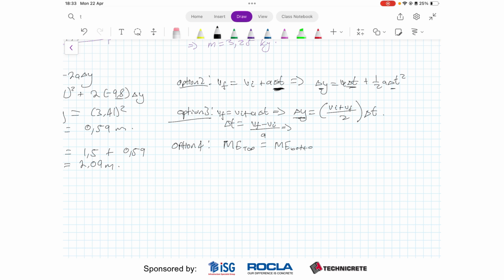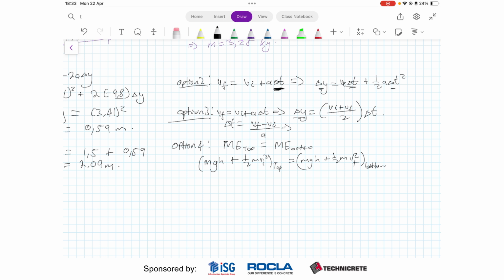Okay, which means that the potential energy plus the kinetic energy at the top is equal to the potential energy plus the kinetic energy at the bottom. Okay, this is V final, this is V initial.